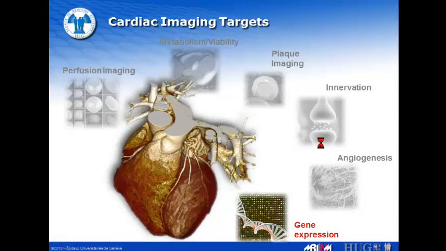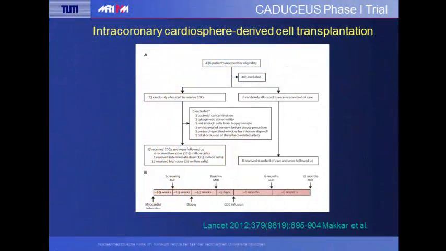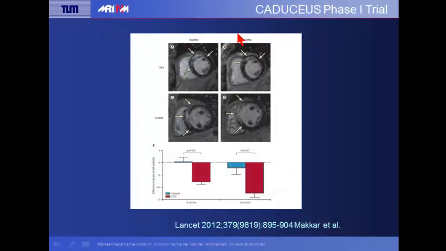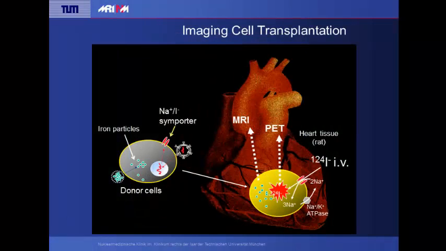Finally, some words on gene expression. This is quite complicated, and we're just at the beginning when using intracoronary cardiosphere-derived cell transplantation. Here are some images published in the Lancet, with one case with late gadolinium enhancement, and work using MR iron particles.